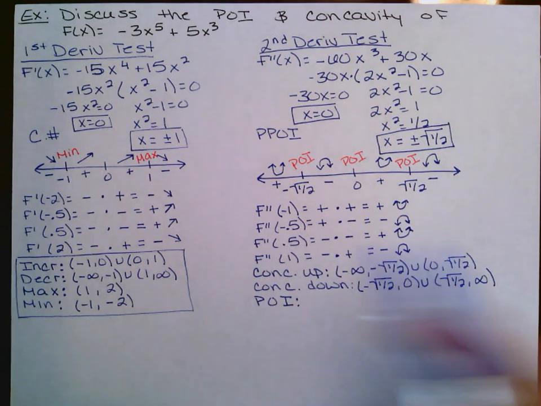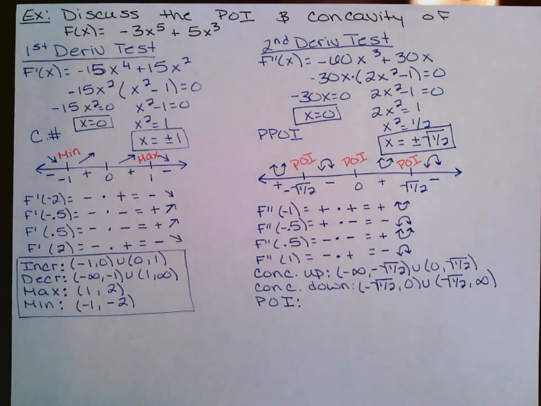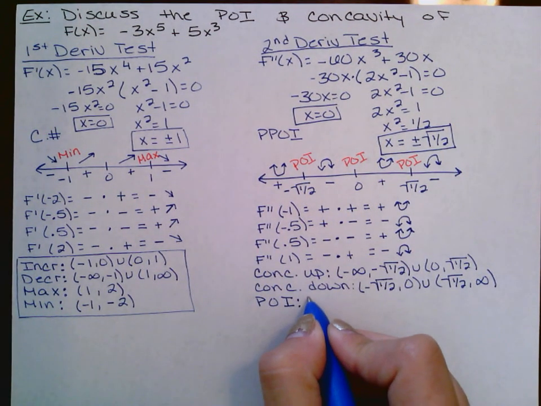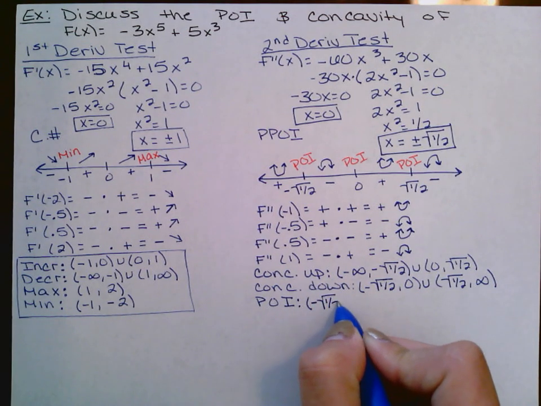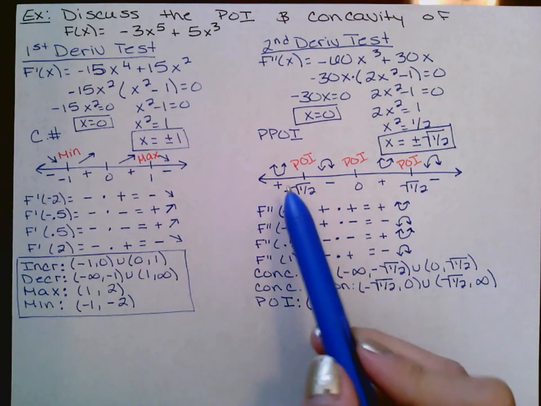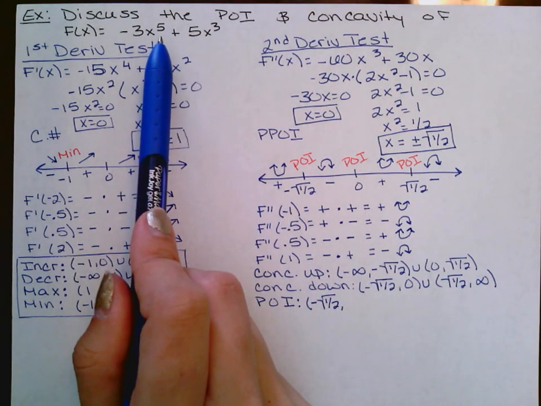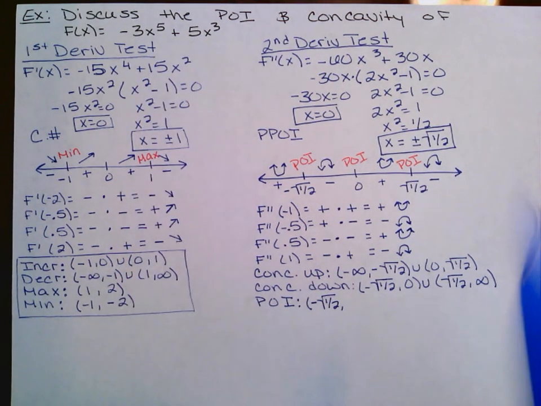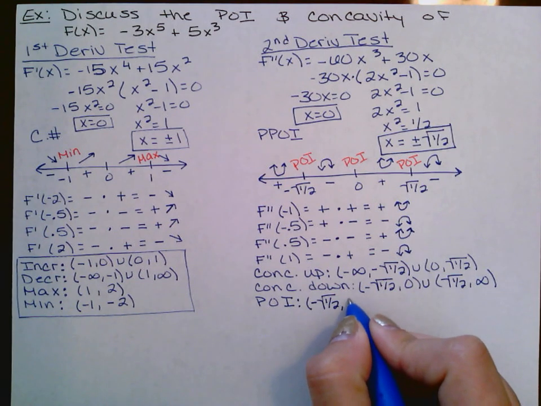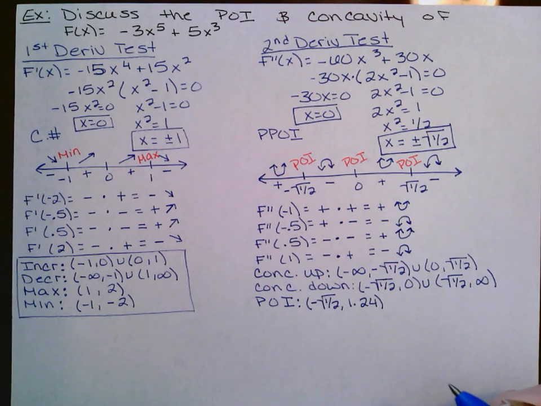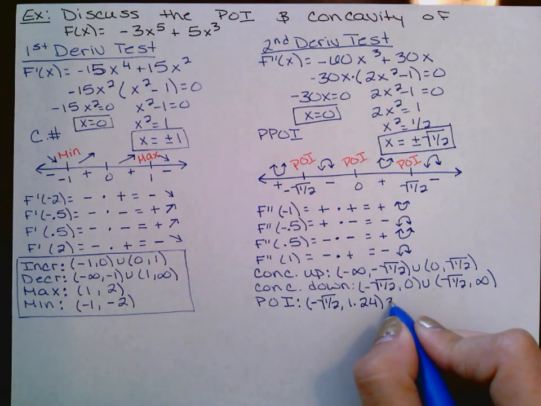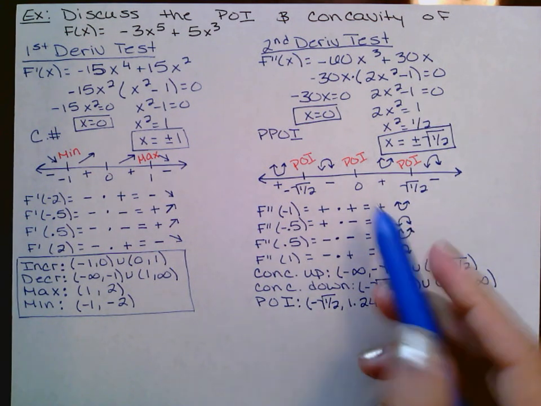Okay? My POIs, I do have 3 of them. The first one happens at this negative square root of 1/2. We find the location by putting that into the original. Feel free to put that in your calculator. So that is 1.24. Okay. And then we also have one at 0.